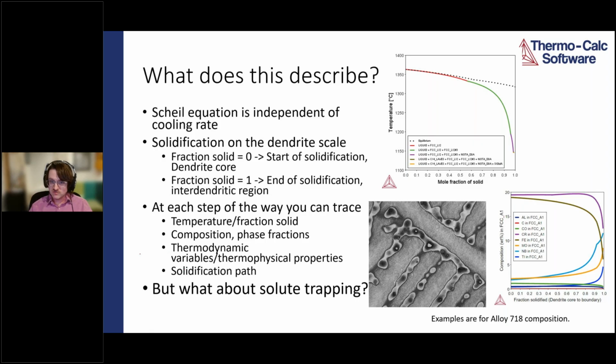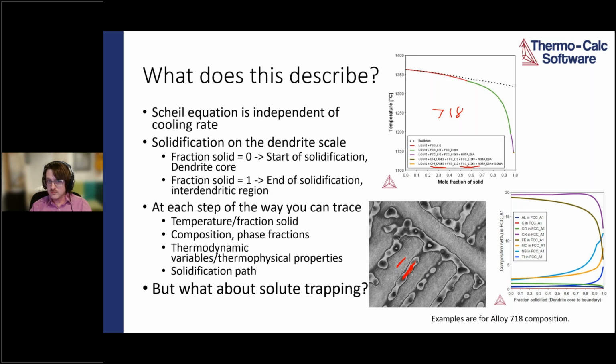But largely the Scheil describes the chemistry across the dendrites, so from dendrite core to dendrite boundary here, and we can plot a lot of different things. The chemistry across the dendrite, the non-equilibrium solidification range, what phases form on solidification. This is for 718 here. We have Laves phase forming.